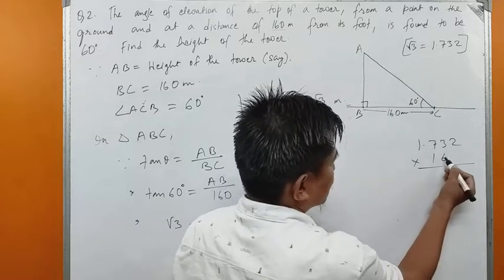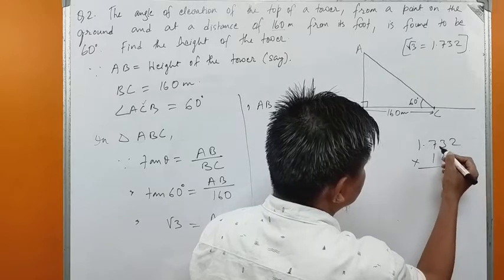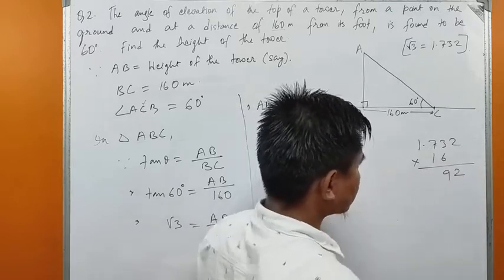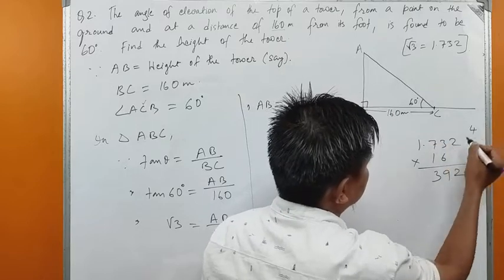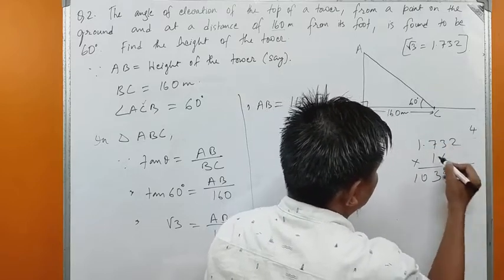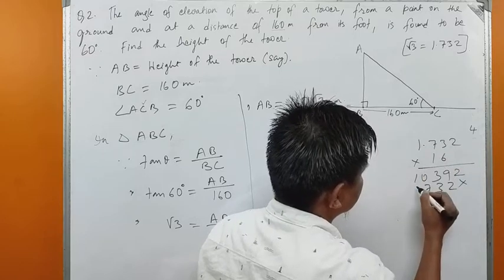6 2s are 12, 6 3s are 18, 19, 6 7s are 42, 43, 3, 4 in hand, 6 1s are 6 plus 4, 10, 1 2s are 2, 1 3s are 3, 1 7s are 7, 1 1s are 1.